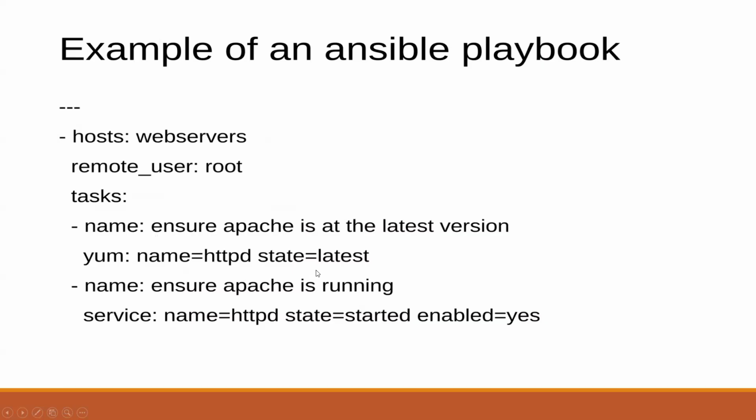So we can install the package httpd, and with state equal to latest, the latest version of httpd will be installed on this web server. Ensure Apache is running: after installing, we need to start the service. Service name httpd, state started, enabled equal to yes. This is the example of an Ansible playbook, guys.